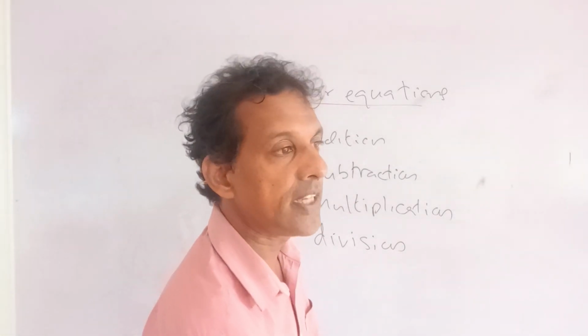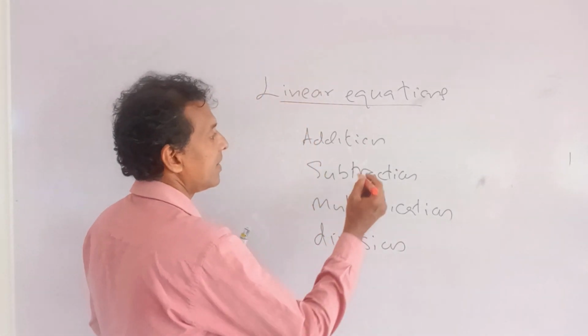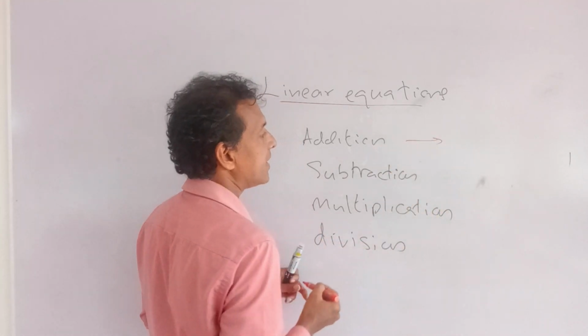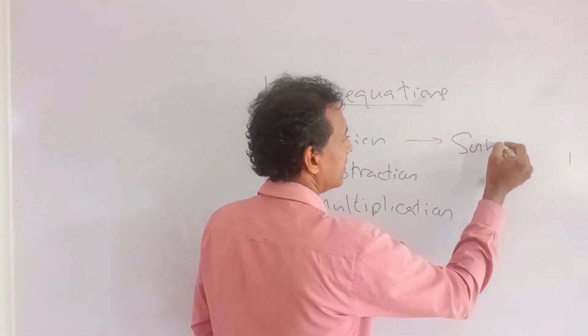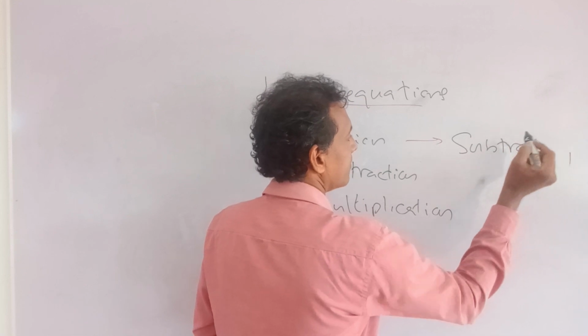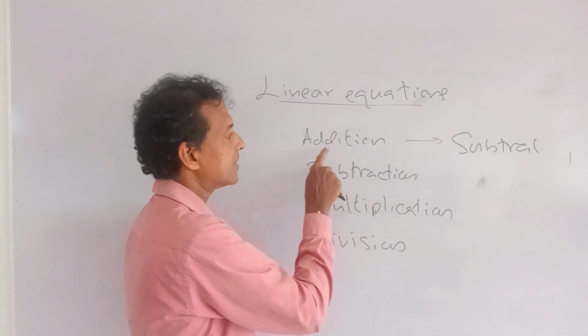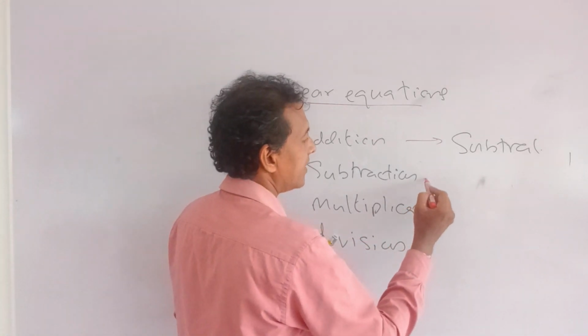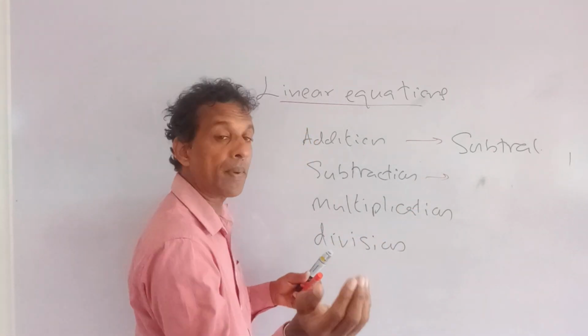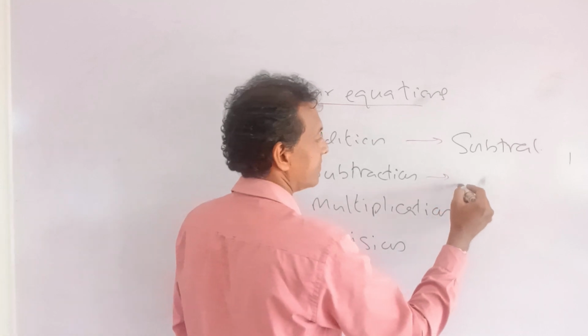So what are the inverse operations of these? Inverse operation of addition is subtraction. Right? Inverse operation of addition is subtraction. So the inverse operation of subtraction is what? Addition.